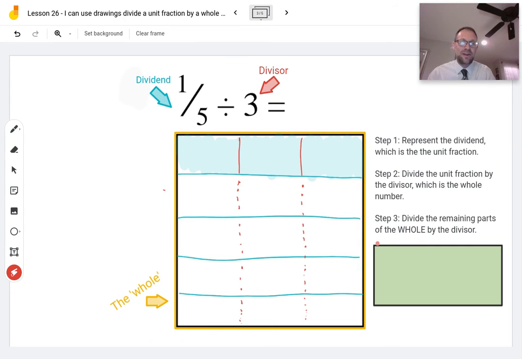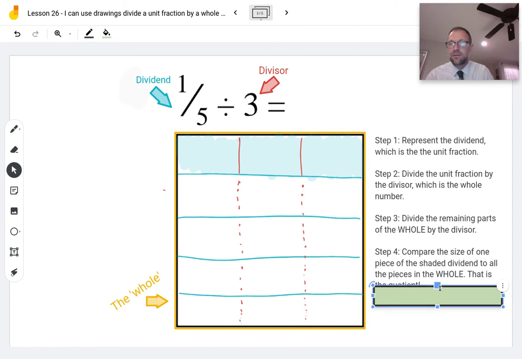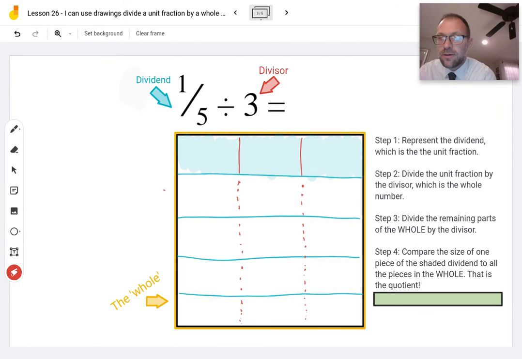Final step. Are you ready? We have to compare the size of one piece. That's this one piece of the shaded dividend, right? This was a shaded dividend, and this is just one piece, to all of the pieces in the whole square. And that is the quotient.